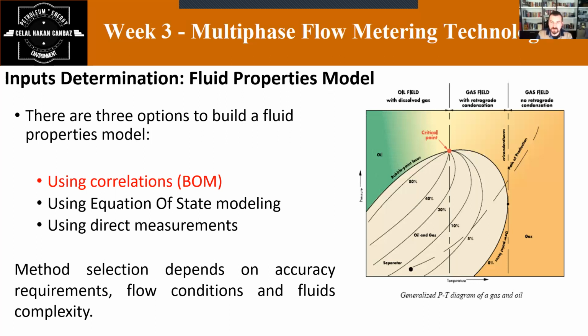So this is an example of VX that I can give. Of course, the usage of this method depends on the accuracy requirements, flow conditions, and fluid complexity. For example, if you are producing retrograde gas from a retrograde gas reservoir but you want to use a black oil model.